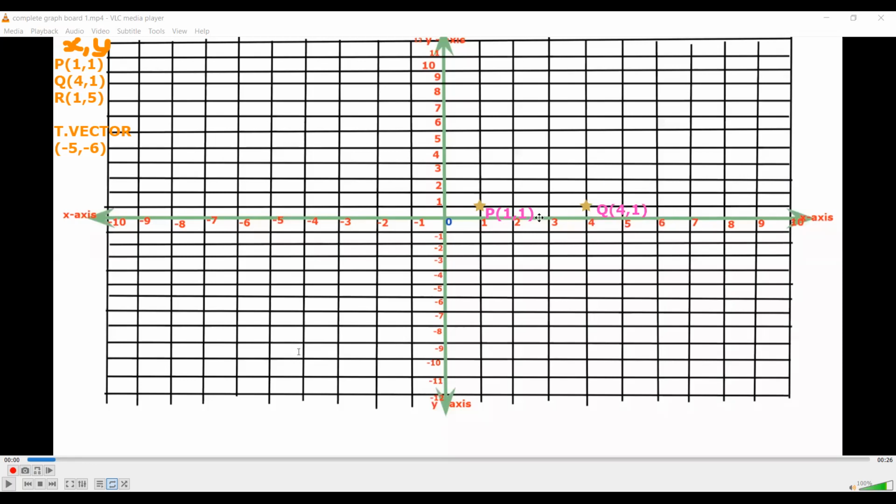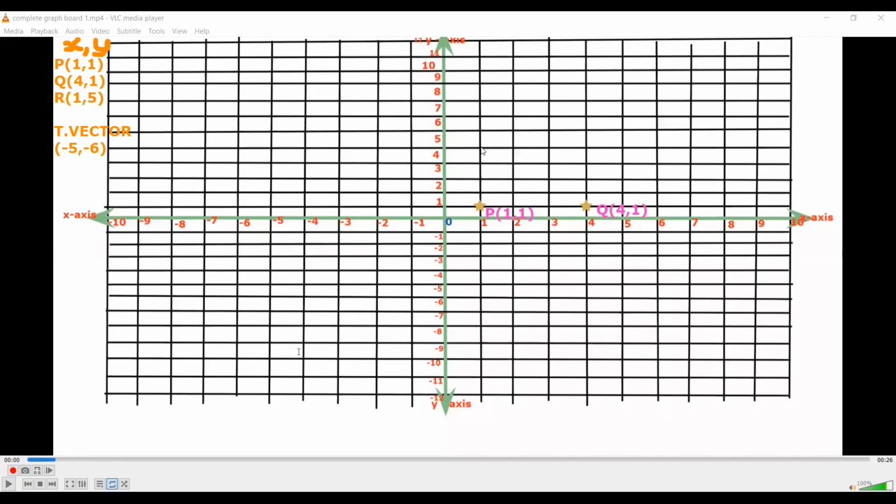And then point R is 1 and 5. So the point R here is the +1 and +5 on the y-axis. So the +1 is here, and then the +5 on that. And here is 1, 2, 3, 4, 5.